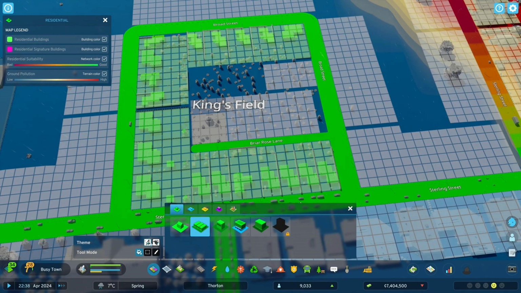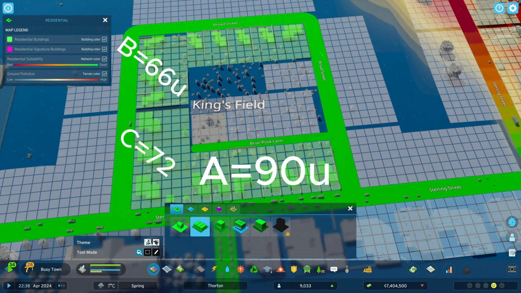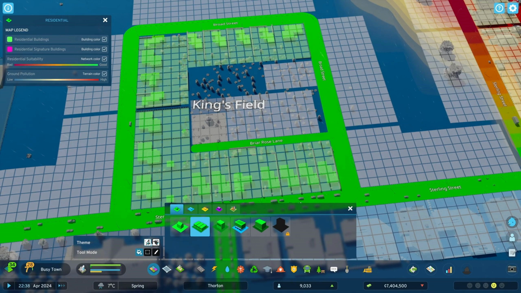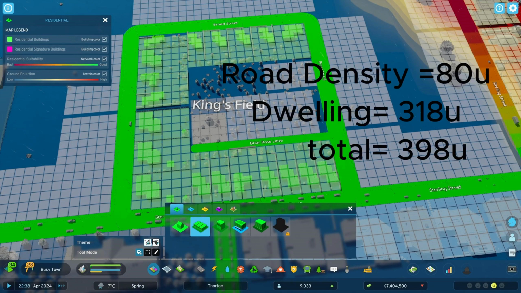The dwellings include the whole green area. Allotment A here has 90 units, B allotment here has 66 units, and the bigger allotment has 72 and 90 units for a total dwelling size of 318 measurement units. And with the road surfaces added, that's 398 units.